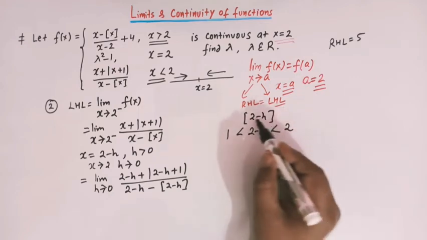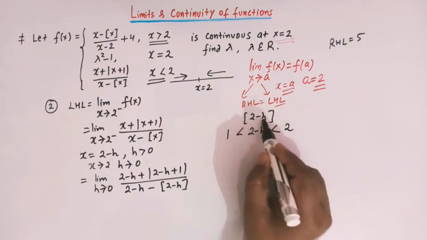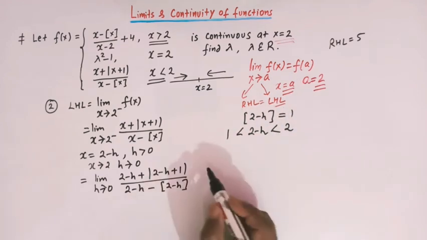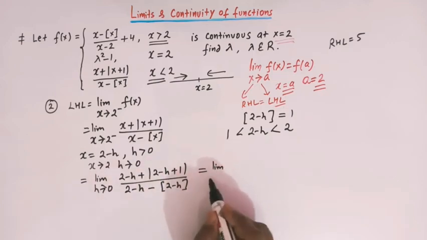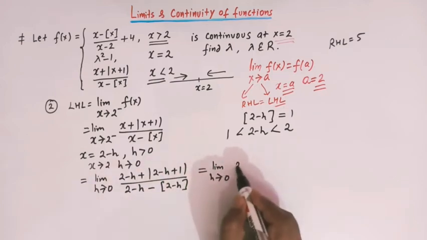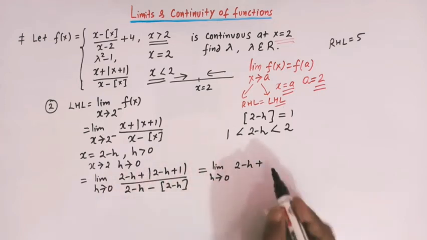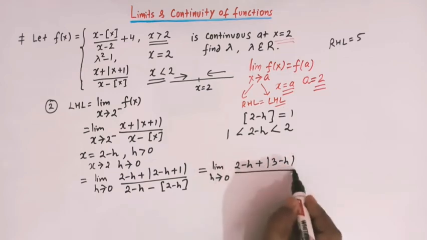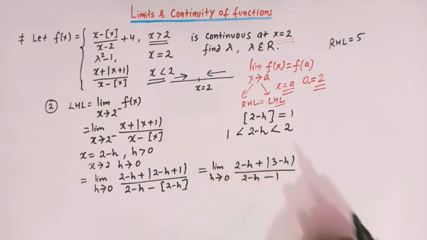So by definition of greatest integer function, the value of greatest integer of 2 minus h is equal to 1, right? So now we have limit h tends to 0, this is 2 minus h, plus here we have 2 plus 1, 3, so we have 3 minus h, mod of 3 minus h divided by 2 minus h minus 1, right?